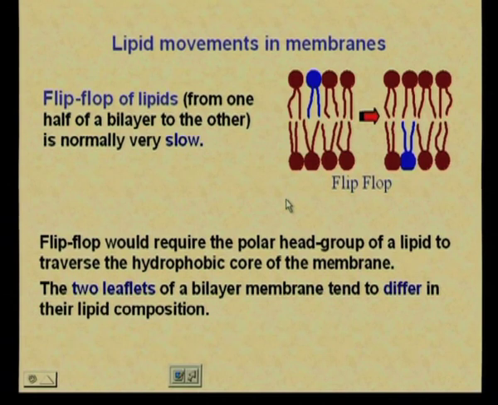Now, this requires more time and is less probable than the lateral diffusion. Why? Because this polar head group, if it has to come to this side, has to traverse the hydrophobic chain. It has to go through this hydrophobic region, which is unlikely for it to occur in the first place. What are we saying?